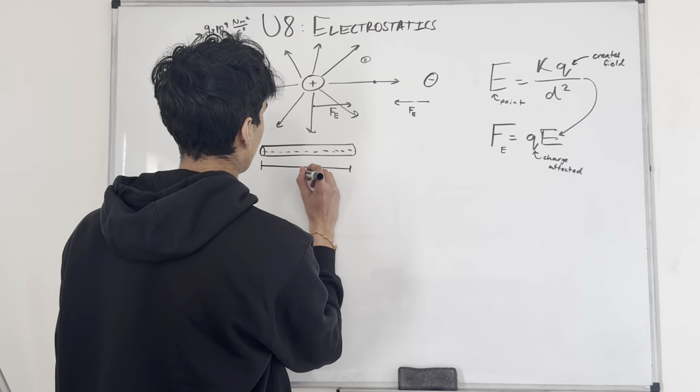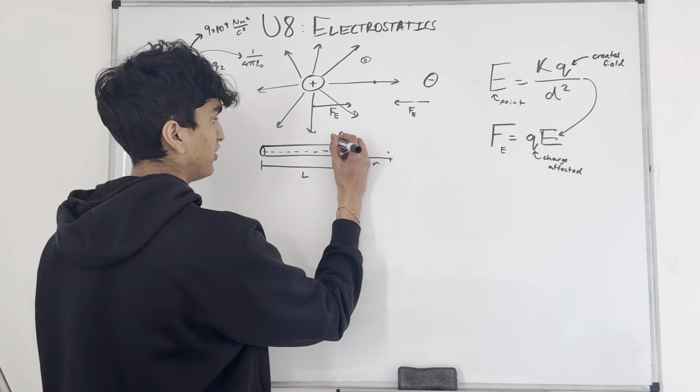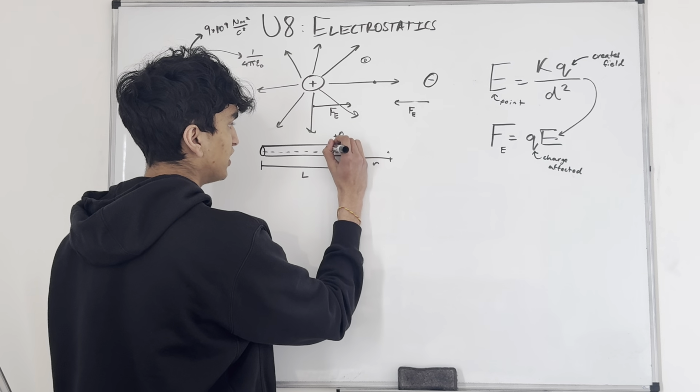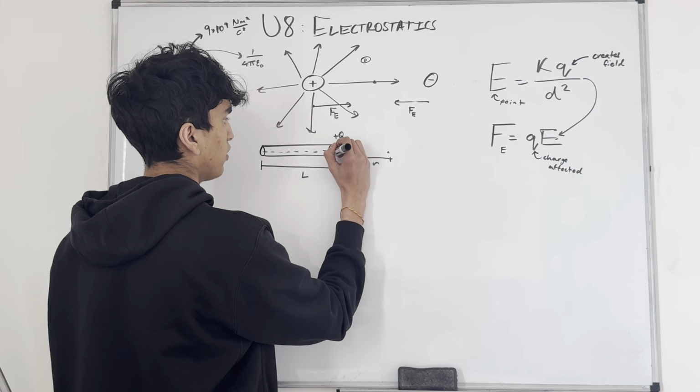You might be tempted to use the electric field equation right here, but this is the electric field due to 1 point charge, and there's a bunch of different point charges. So if we imagine this being the x-axis, you can imagine there will be a small portion of the rod that will have a very small charge dq, and that small charge dq will create a small electric field dE.